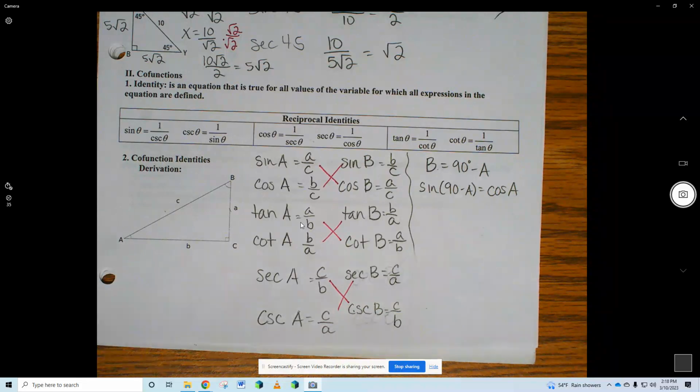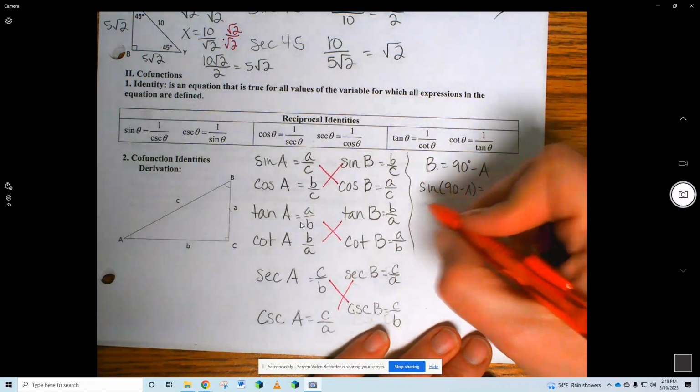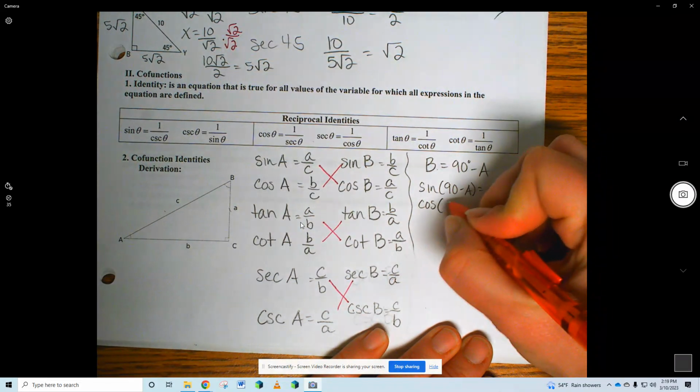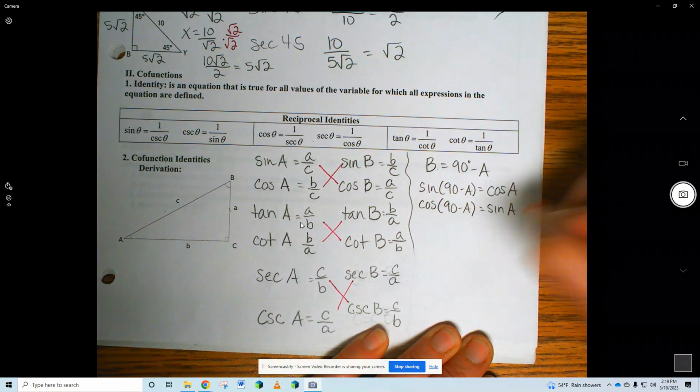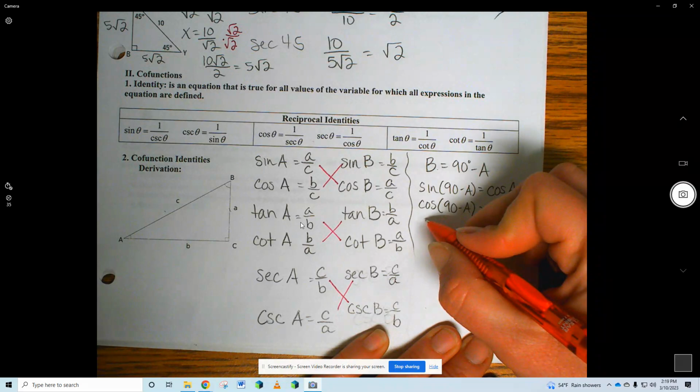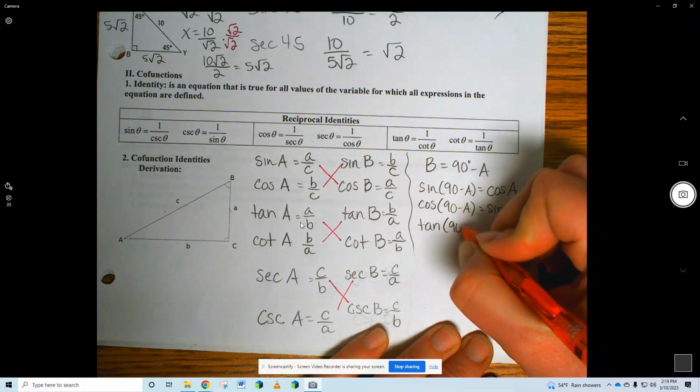I'm just going to go down. Okay. So next, cosine of 90 minus angle A equals sine of A. Again, I'm copying. If you're watching the video, let me do this and then press pause.